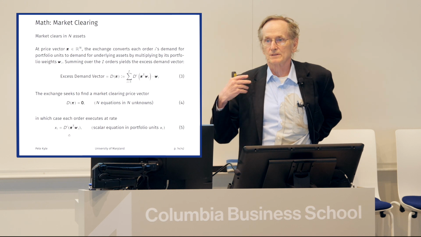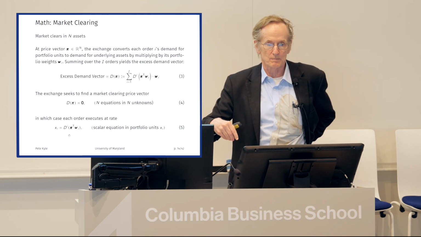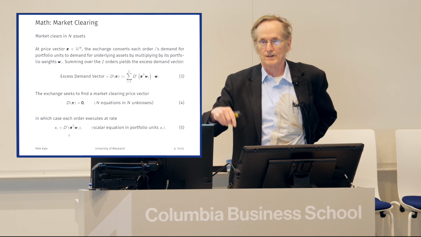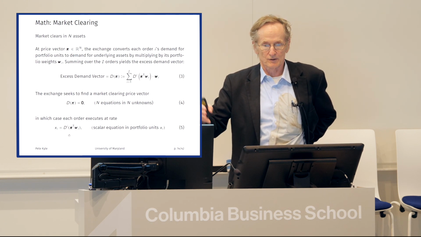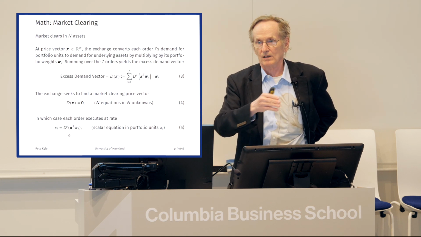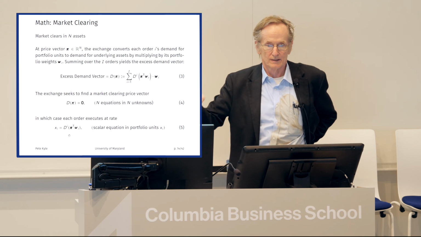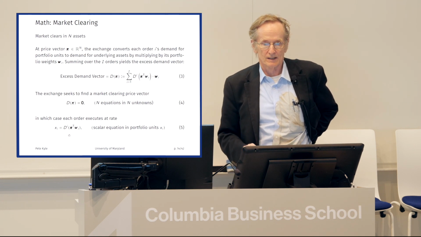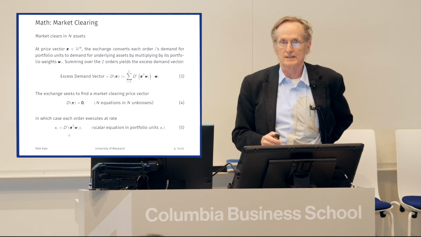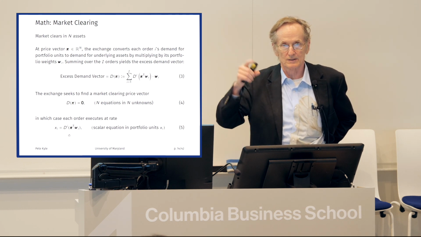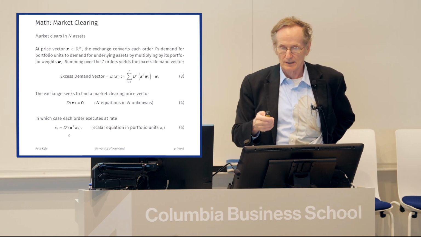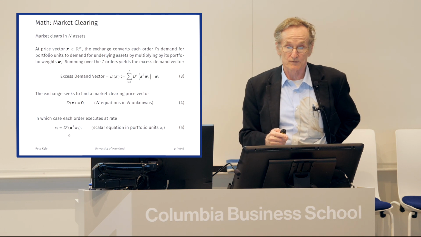For any conjectured price vector for assets, pi, we can calculate a market demand schedule that's a function of that vector of prices, pi, by summing up the demand schedules implied by all of the orders that the traders have submitted. Those orders have the vectors of portfolio weights, W, in them, and capital D_i here in this notation. Equation 3 represents the piecewise linear schedule for that particular portfolio.